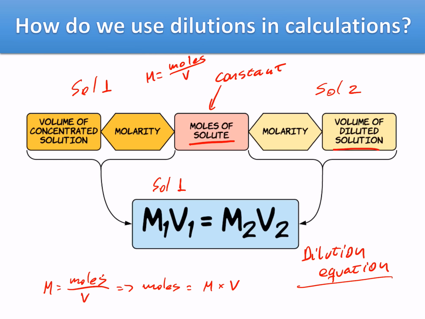It's just solution 1, and then you have the solution 2. And basically what you're saying is the amount of solute in those two solutions is the same. And that's how you calculate it, because the amount of solute is the same. The product of the molarity times the volume has to be constant for those two solutions.